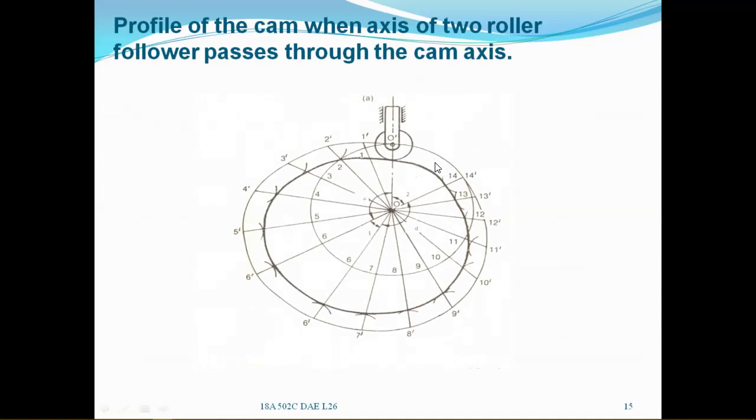First of all, take center O as the cam axis, and with the radius equal to the given minimum radius, draw the circle, that is the base circle.